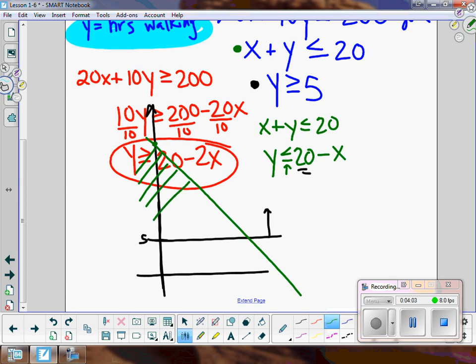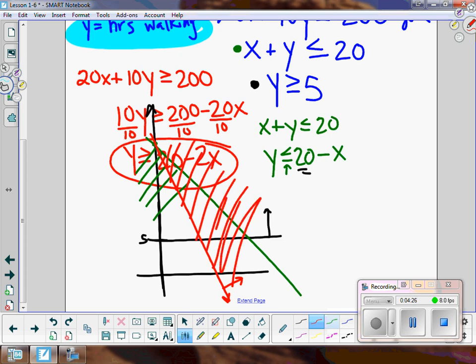And then the red one, y is greater than or equal to 20 minus 2x. That's going to also have a y-intercept of 20, but it's down 2 over 1, so the slope would be steeper. So it'd be something like this, and we're going to shade above it. Then we'll have this feasible or solution region right here in the middle where they are all shaded.